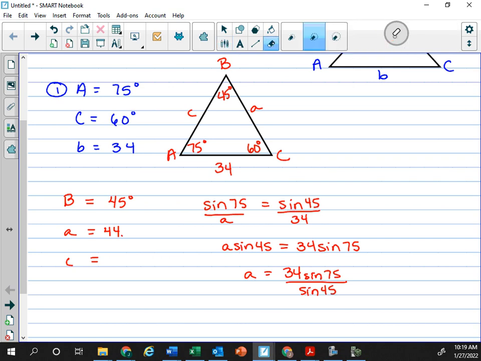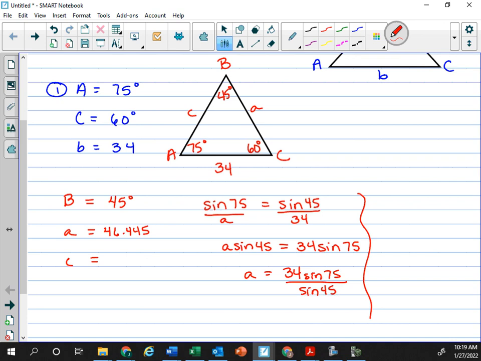Oh, sorry, 46. All right, guys, so try to set up how you would solve for C. Now, my tip, do not use a rounded answer to find another answer.